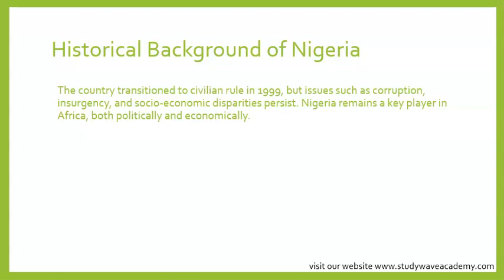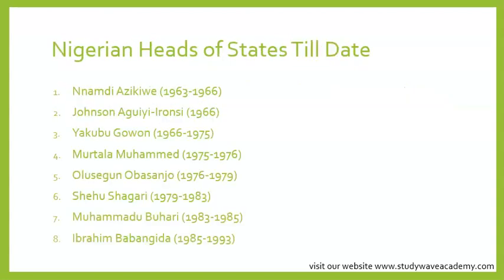So next we are going to be looking at Nigeria's heads of state till date. Nigeria's heads of state from independence in 1960 started with Nnamdi Azikiwe, who ruled from 1963 to 1966. Then Johnson Aguiyi-Ironsi took over from 1966. After him, Yakubu Gowon ruled from 1966 to 1975.